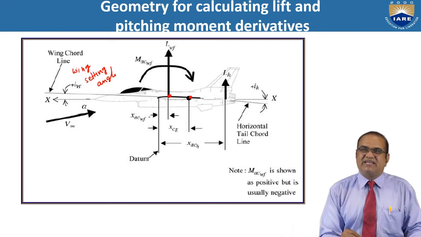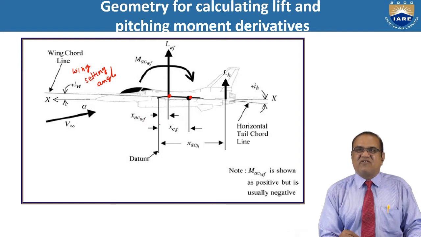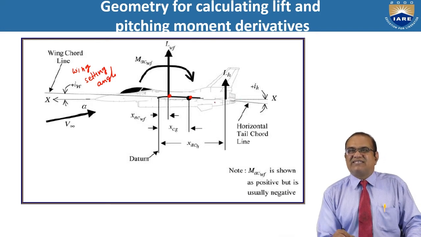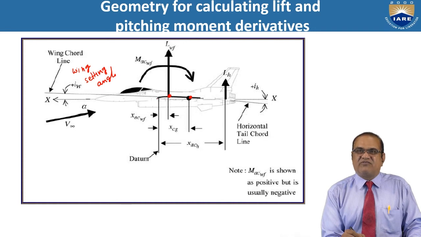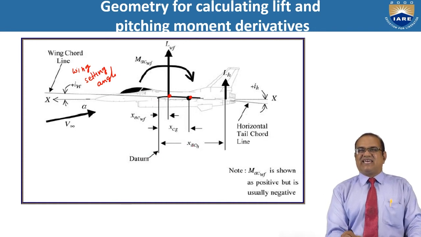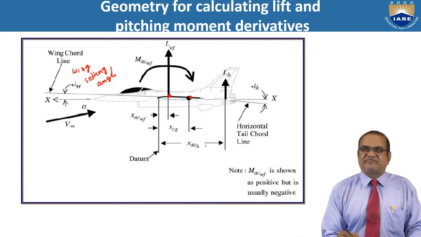So AC, XAC, wing and fuselage, and from here XCG, the distance from here to here is XCG. And if you see here this horizontal tail, the aerodynamic center of the horizontal tail is from the datum. For the datum, we have taken the leading edge of the wing, and this is called XACH.